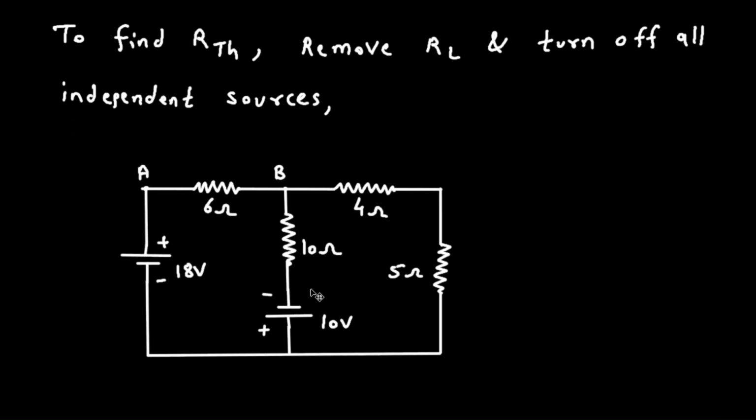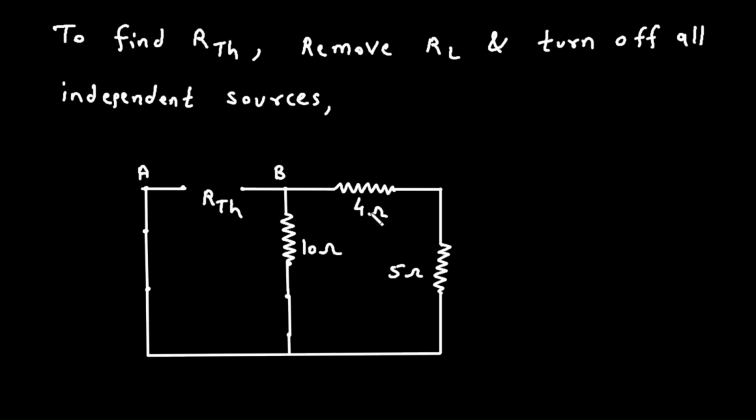Now here in this circuit, if we remove RL and turn off all the independent sources, then this will be our RTH. When we turn off this voltage source, it will be replaced by a short circuit. Again, when we turn off this voltage source, it will be replaced by a short circuit, because an independent voltage source is replaced by a short circuit, and independent current sources are replaced by an open circuit.